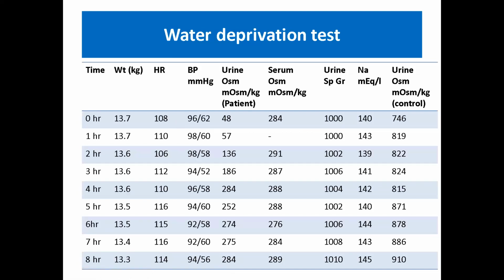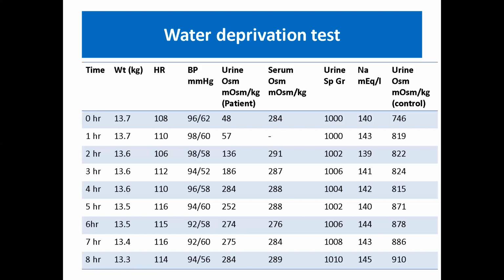One of the time points where we terminate a water deprivation test is if there is any evidence of hemodynamic instability like hypotension or tachycardia, or if there is a weight loss of more than 5%. Here, none of these factors were there, but urine osmolality in the 6th, 7th, and 8th hour had almost plateaued. There was no further increase in the urine osmolality.